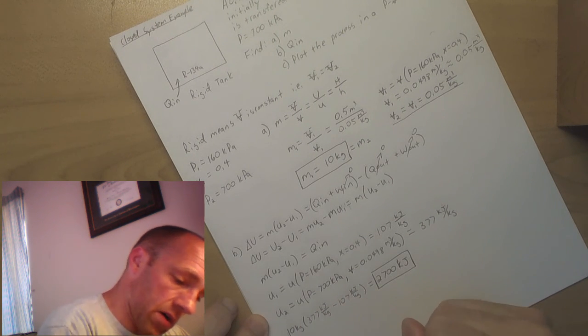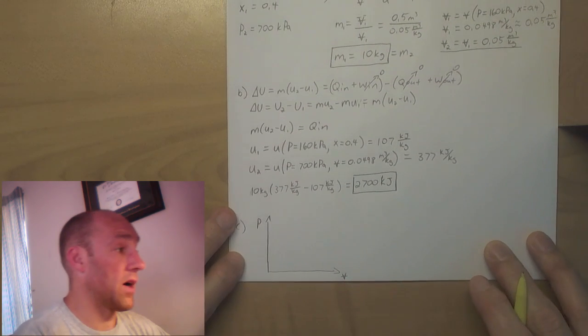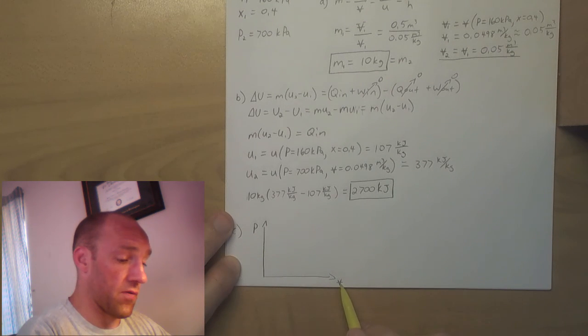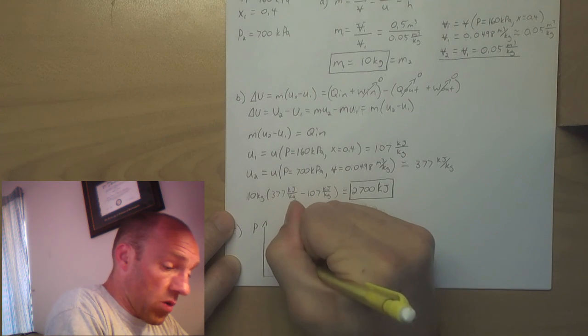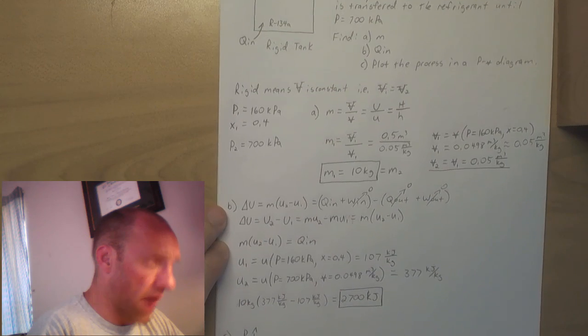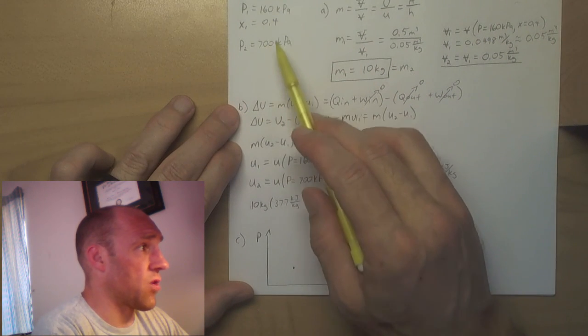So if I have these states in this process plotted on a diagram expressing pressure versus specific volume. So let's start with state 1. All right. So how did the pressure change? The pressure increased from 160 to 700.